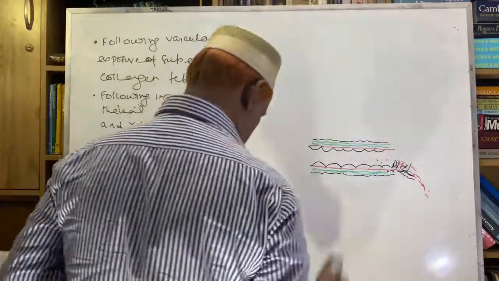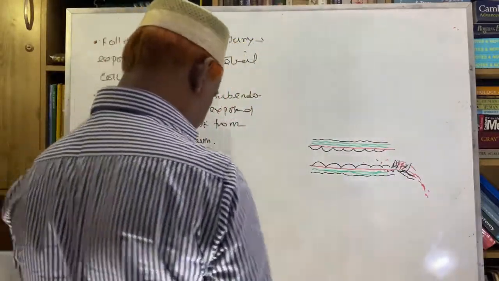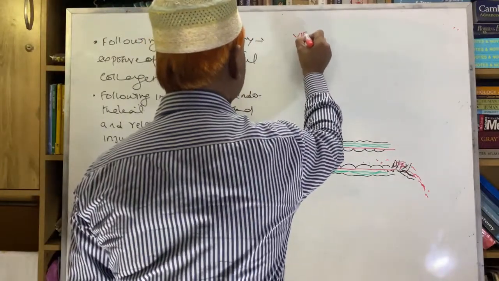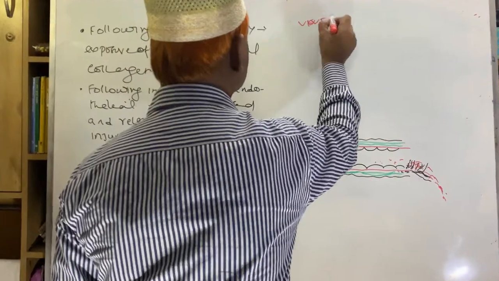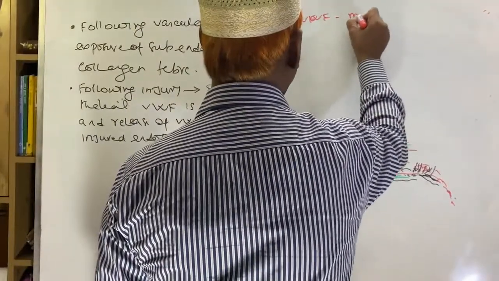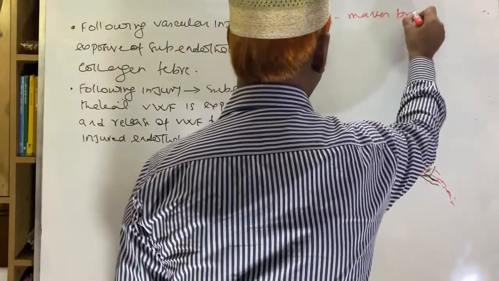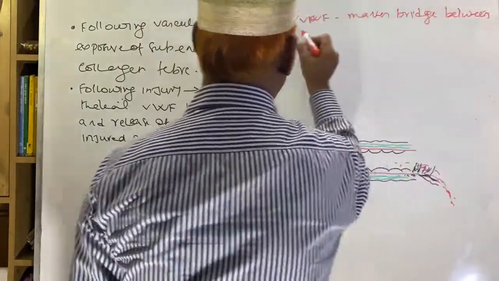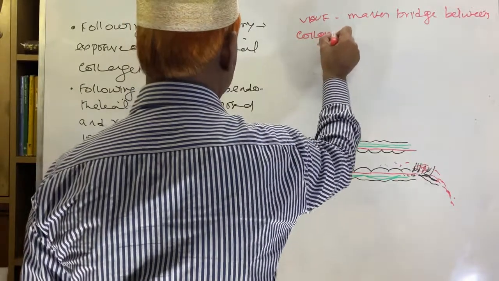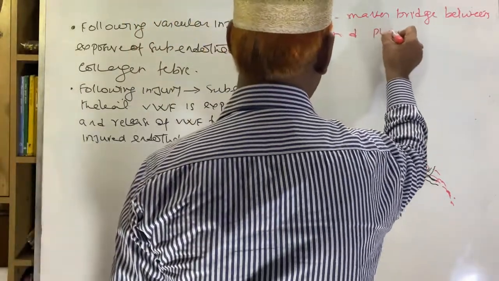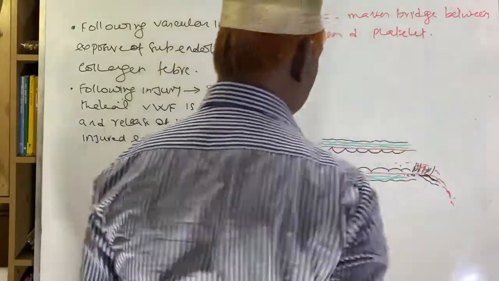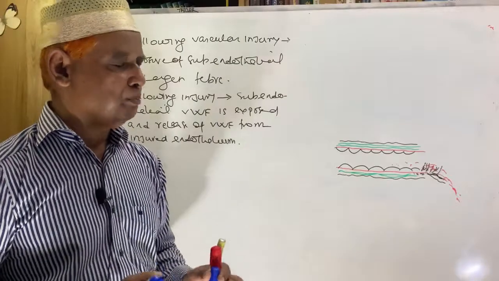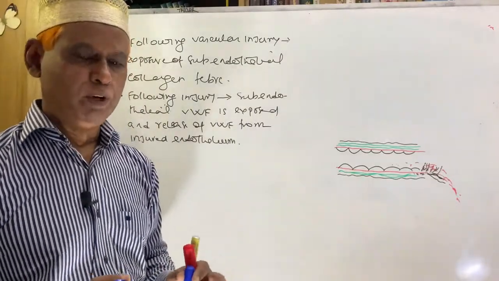This exposed von Willebrand factor makes a bridge between collagen and platelet, because platelet has receptor glycoprotein 1b for von Willebrand factor.